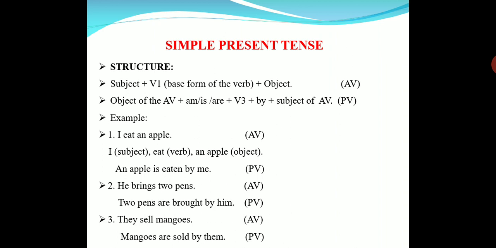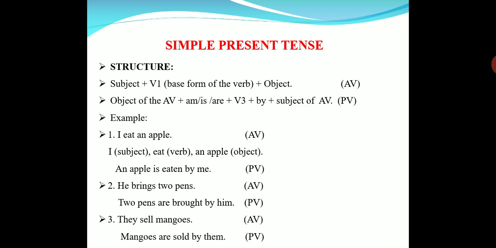The pens are. What is the V3 form of bring? Bring, brought, brought. V3 is brought. Next we add by, and he becomes him in the objective case. So the sentence in passive voice is, 2 pens are brought by him.